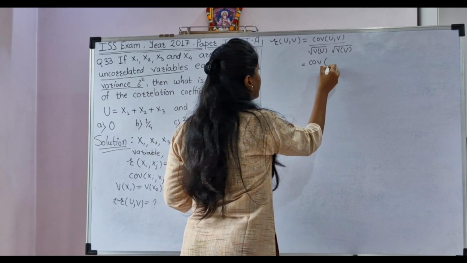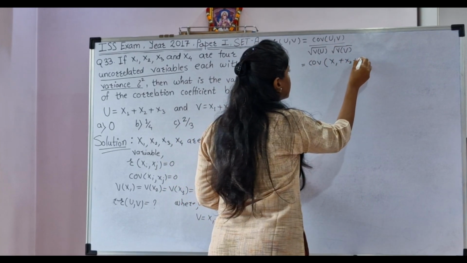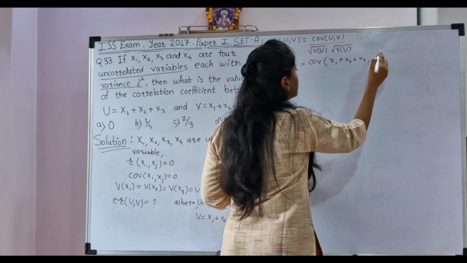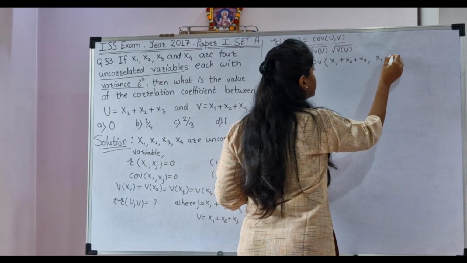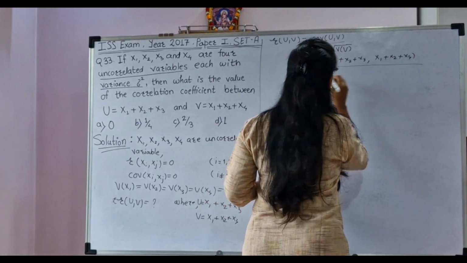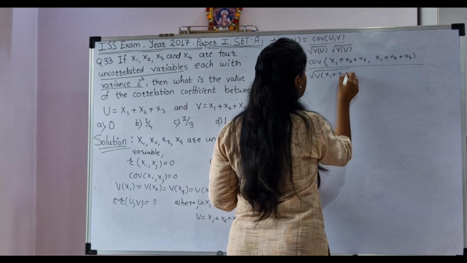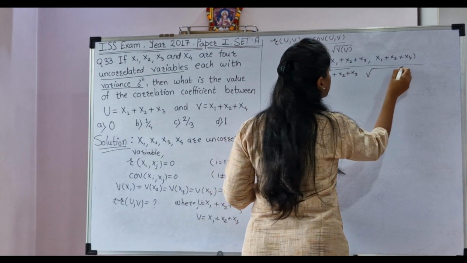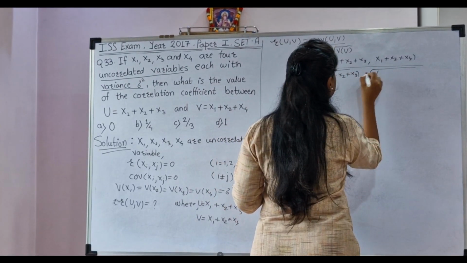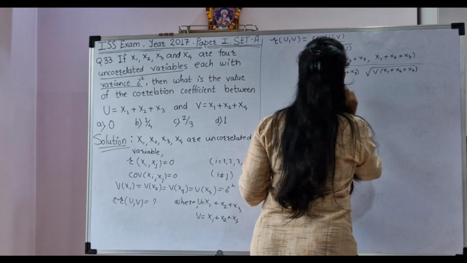So here, covariance of u, which is x1 plus x2 plus x3, and v, which is x1 plus x2 plus x4, divided by square root of variance of x1 plus x2 plus x3 into square root of variance of x1 plus x2 plus x4.